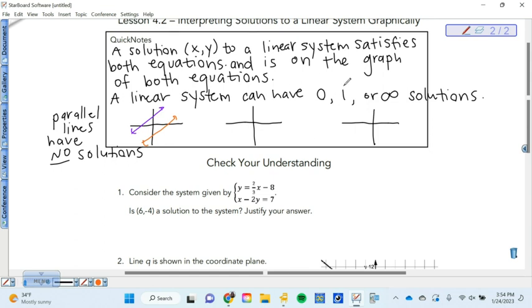What kind of system has one solution? Perpendicular, yes, but not necessarily perpendicular, right? It's just anything that has intersecting lines. That's what we'll write. Intersecting lines have one solution.